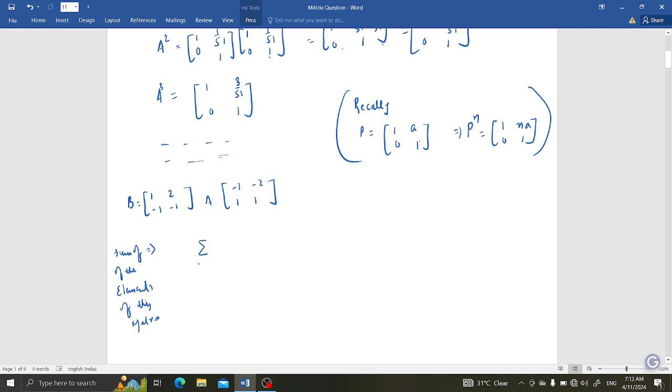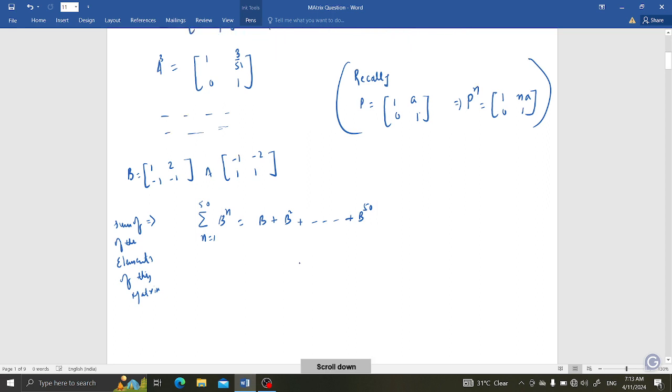So we have summation n equals to 1 to 50 of B raised to the power n. What is the meaning of that? If n is 1, it is B; if n is 2, B square; and so on, up to B raised to the power 50.